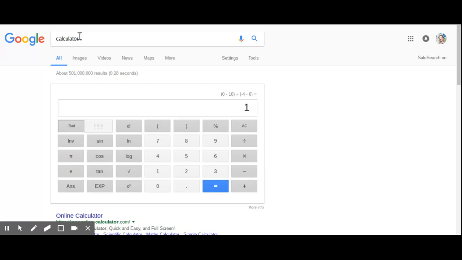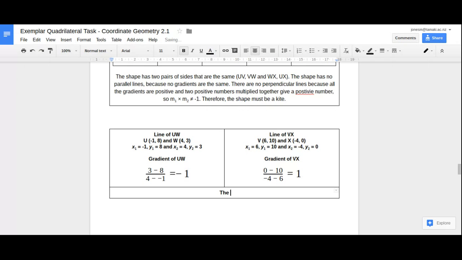So what this means is the diagonal lines are perpendicular.